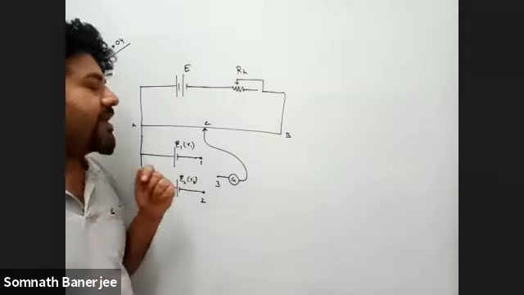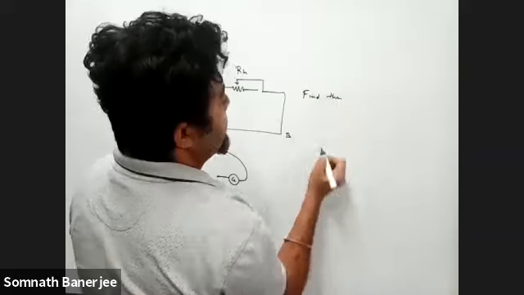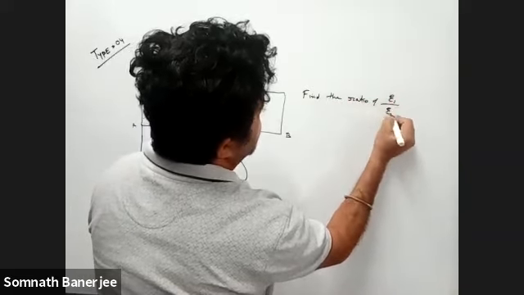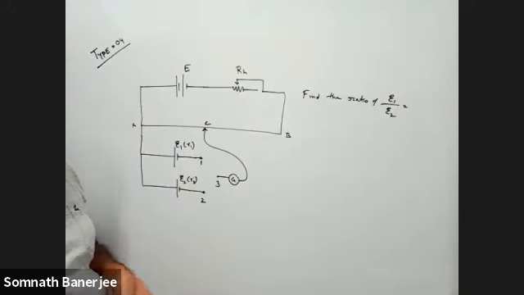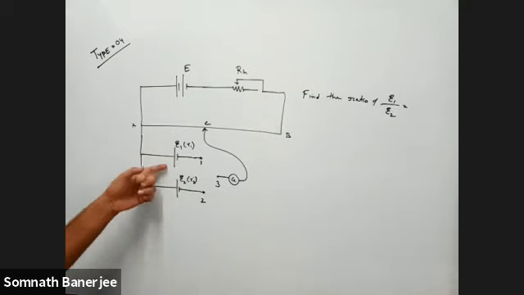Question is that find the ratio of E1 by E2. तो ध्यान से देखो, ये भी एक पोटेंशियोमीटर का प्लस पॉइंट है. तो बाय यूजिंग पोटेंशियोमीटर we can find out the EMF of the secondary cell, we can find out the internal resistance of the secondary cell, and thirdly we can compare the EMF of the two secondary cells.